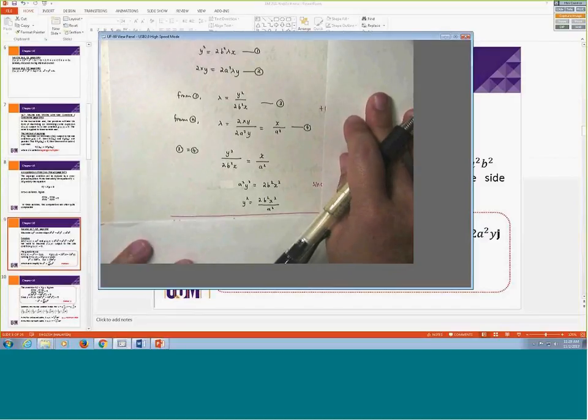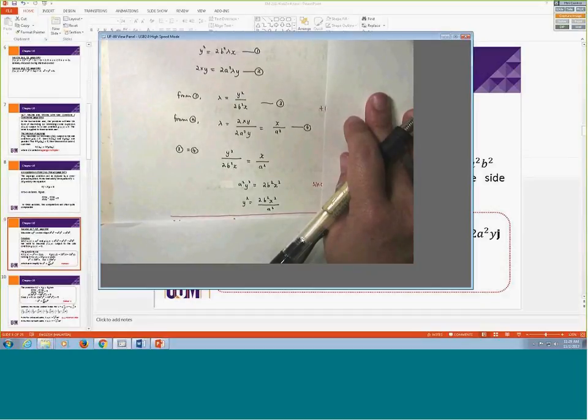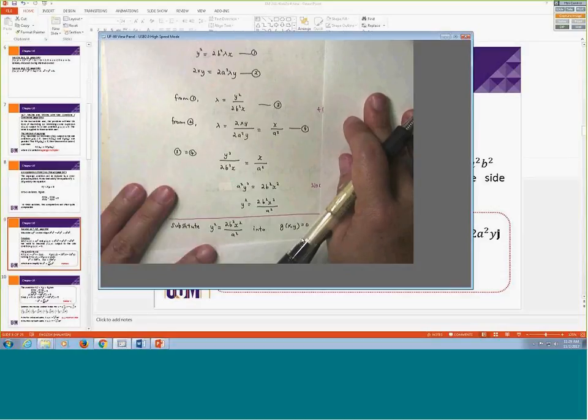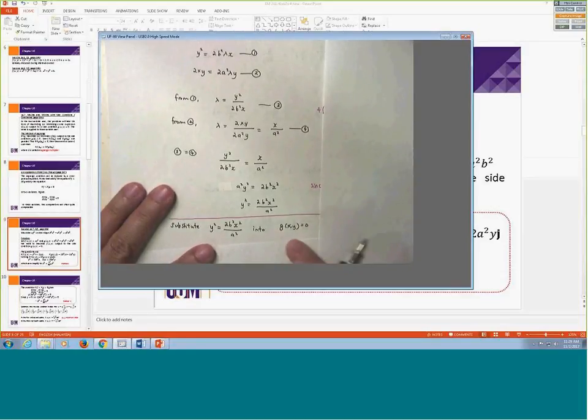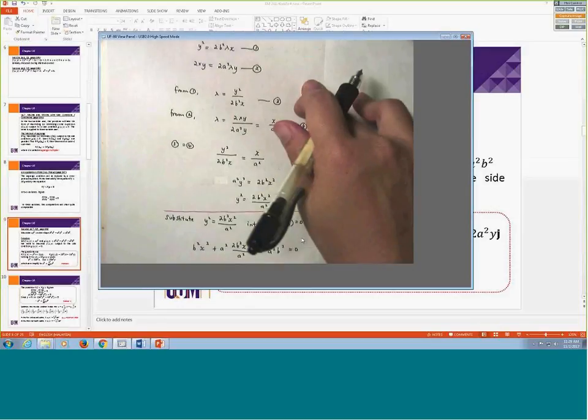After we obtain this, we substitute into the condition g(x,y) equals 0, the side condition.